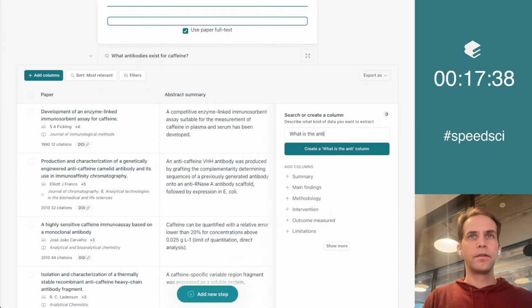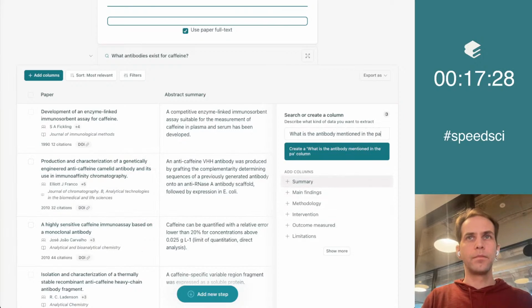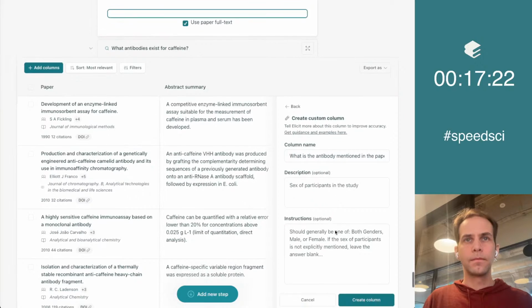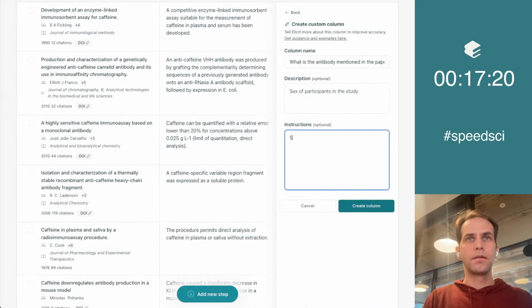What is the antibody mentioned in the paper that reacts with caffeine? Body is mentioned.